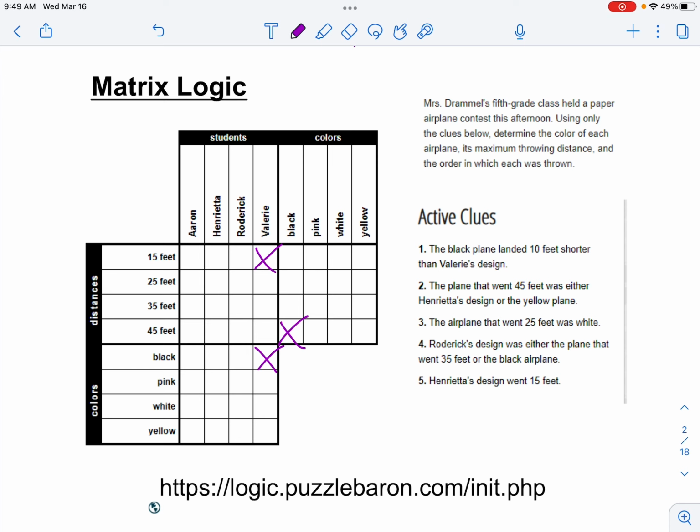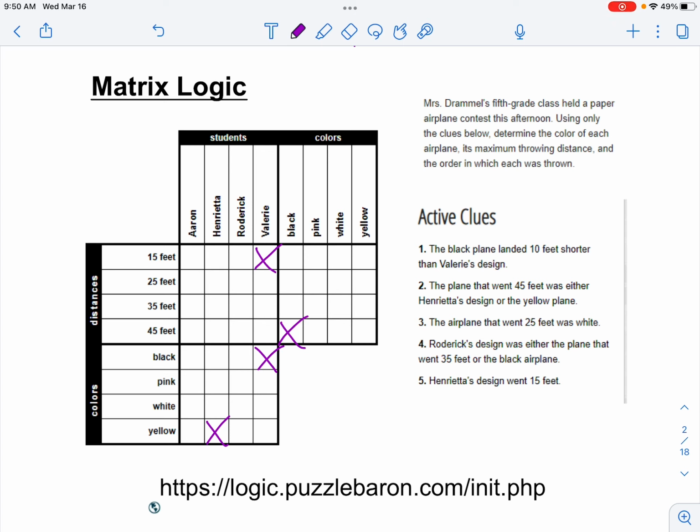So we're going to have to eventually circle back to all these clues after we eliminate the obvious stuff. The plane that went 45 feet was either Henrietta's or the yellow plane. So a couple different things here, right? Henrietta's was not yellow. So we can X out where Henrietta and yellow meet up, because it says Henrietta's or the yellow. That means Henrietta's design was 45 or the yellow plane was 45.